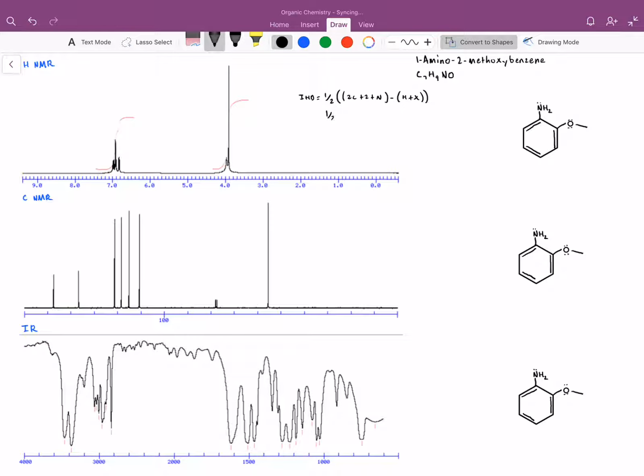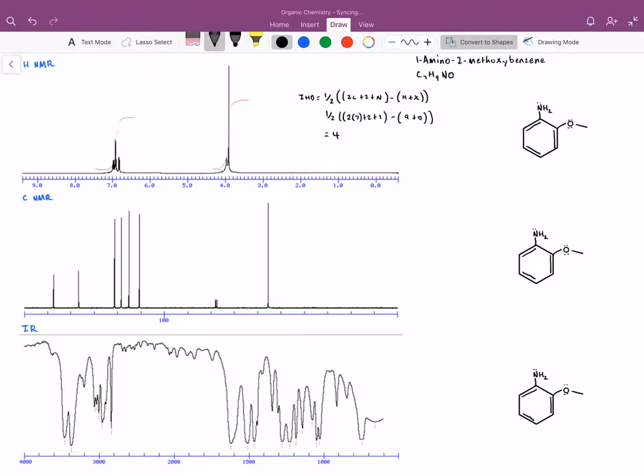So if we plug in the numbers based on our molecular formula, we have 2 times 7 plus 2 plus 1 with our single nitrogen, and then we subtract from that our 9 hydrogens. I'll go ahead and write that we have 0 halogens. The answer to the math there will be 4, and that is very useful.